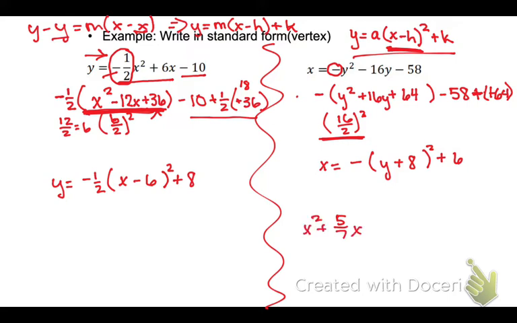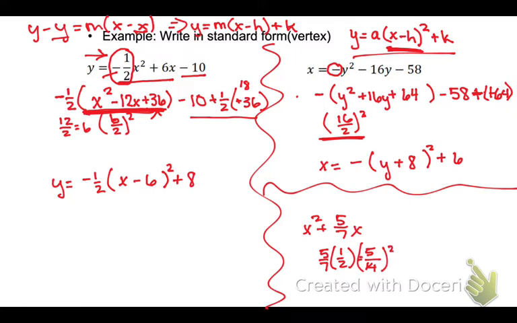I have to take this b divided by 2. Well, when I divide by 2, I multiply by what? The reciprocal. So 1/2. So this is 5/14 squared. So this would be plus 25/196, correct? And I would have to deal with that.